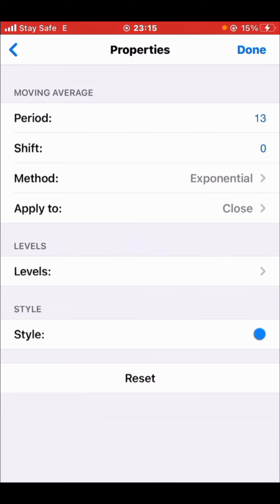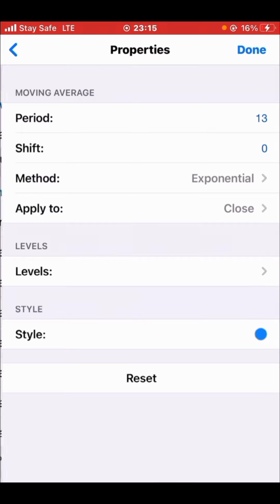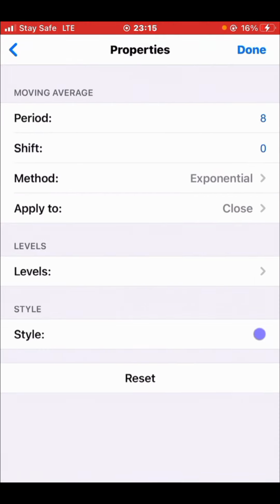Then the next one is moving average period 13, shift 0, method exponential, apply to close, color blue. Then the next, period 8, shift 0, method exponential, apply to close, levels, style blue.